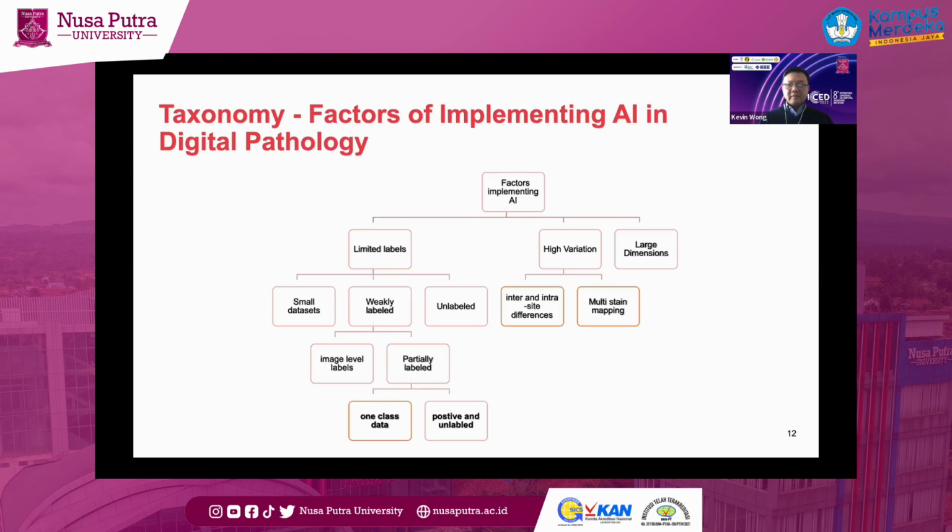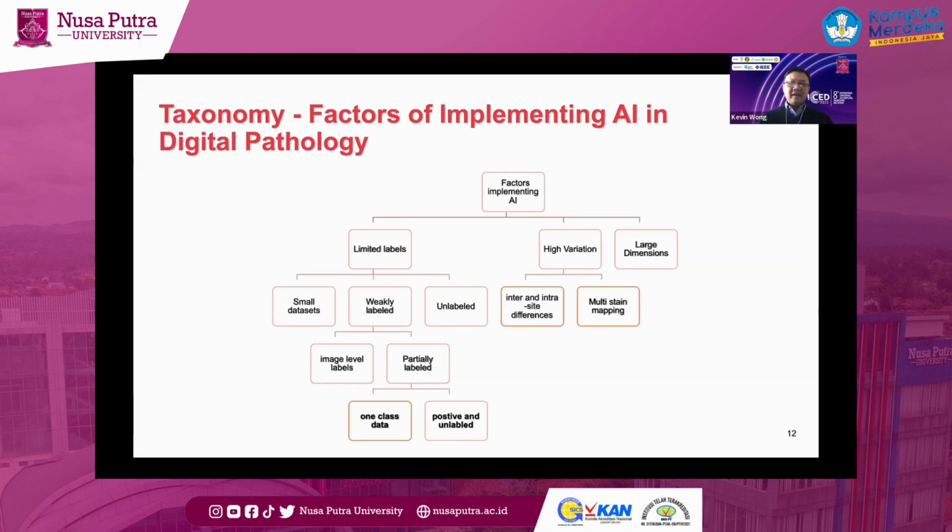Besides the available data, the second problem that is very time consuming is getting the senior pathologists to actually label the data. In order to know whether it's cancer or non-cancer, you cannot get undergraduates or even a junior pathologist to do it, because sometimes they may miss some of the regions of interest or some of the features. That's why we need to utilize the time of the senior pathologist.